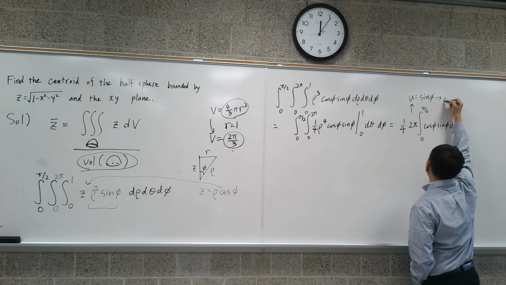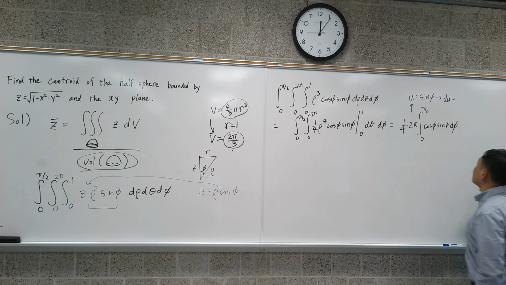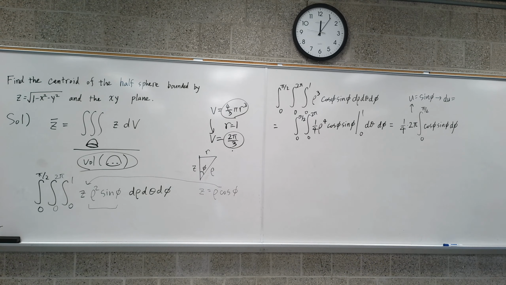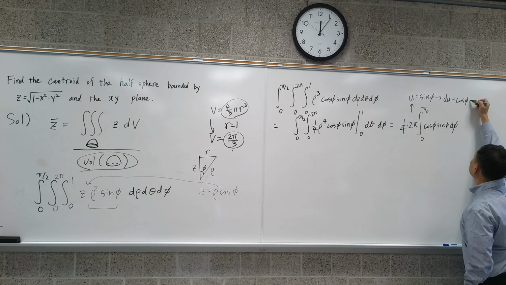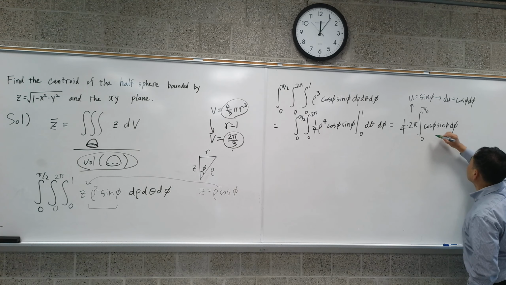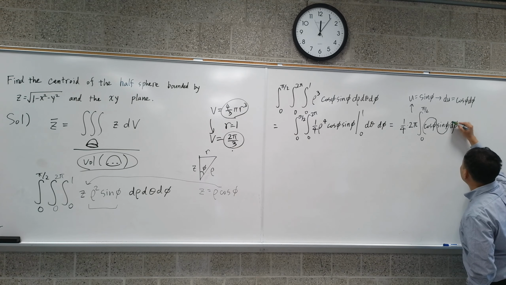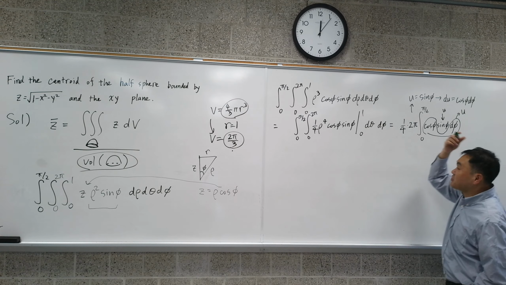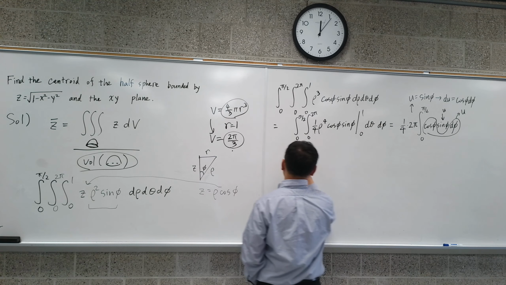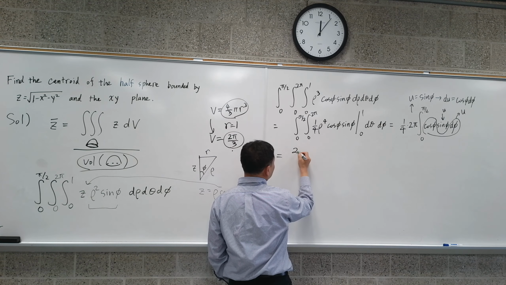Okay, in that case, what is du equal to? Cosine phi times d phi, right? So cosine phi times d phi is going to be du, and this one right here will be u. So you just have integration of u du.